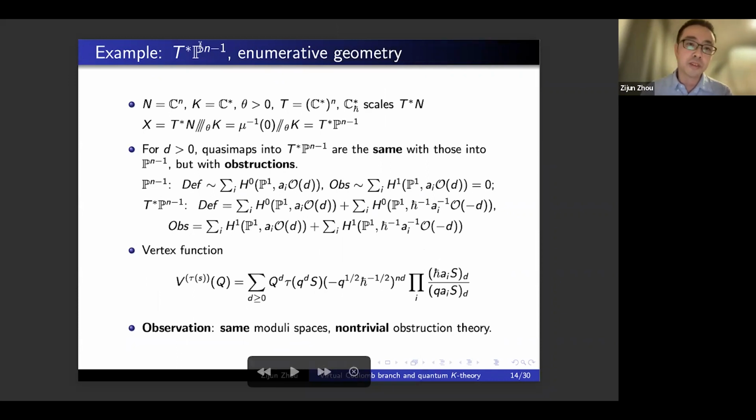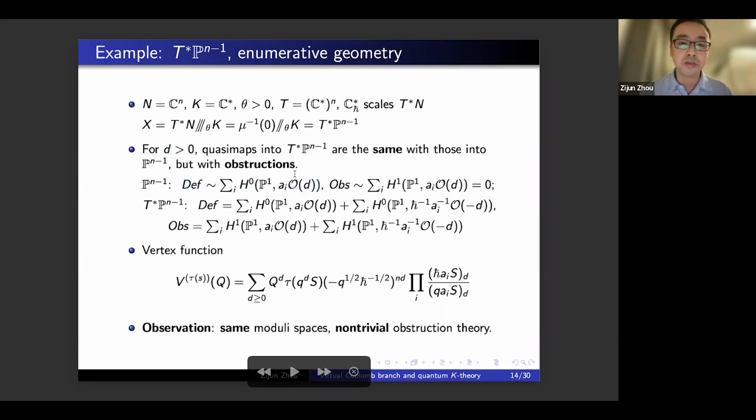For example, this is a comparison of P^{n-1} with T*P^{n-1}. In the P^{n-1} case, all quasi maps have positive degrees, so they have deformations.